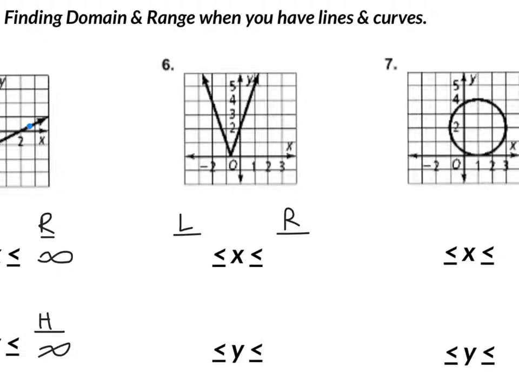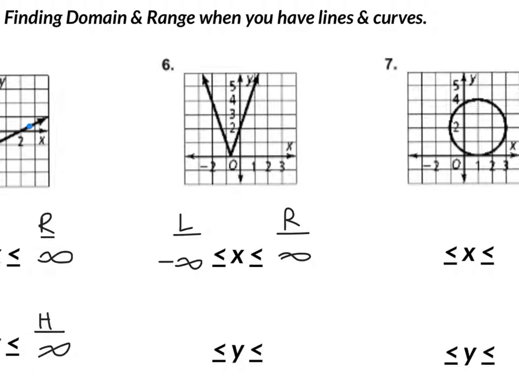Okay, so it goes from negative infinity. And then if I go to the right side now, going all the way up here to the right side, if I kept going, kept going, kept going, what number is this way out here to the right? That's positive infinity. Essentially, guys, think of this. If that arrow is going to go off the graph, you're either going to use positive infinity or negative infinity.